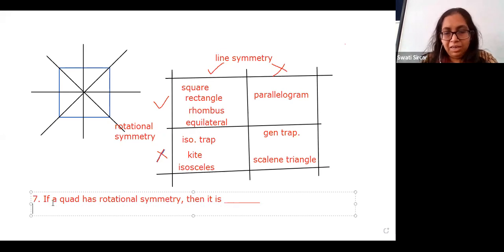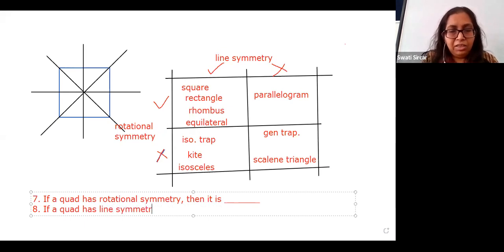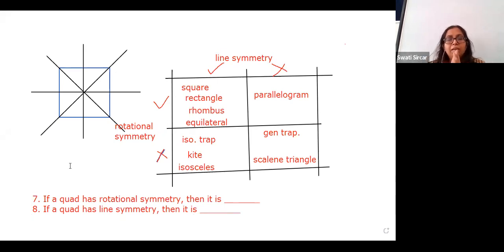Similarly, if a quad has line symmetry, then it is... I want you to think about these two questions. So I think you have many questions to think about.